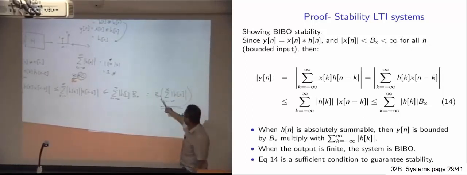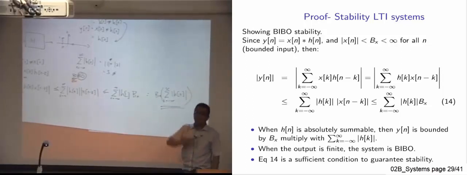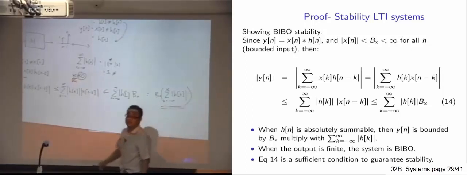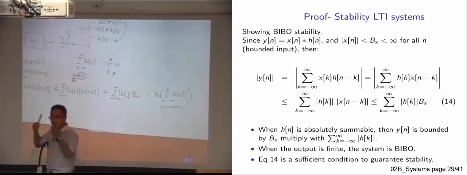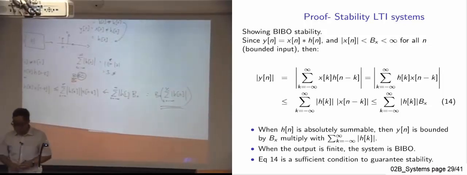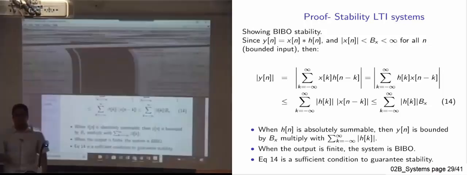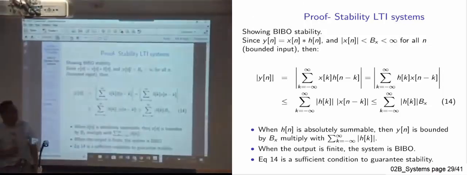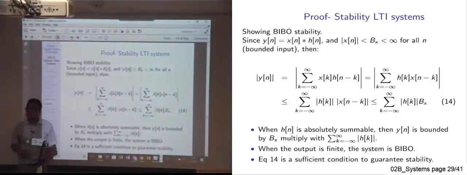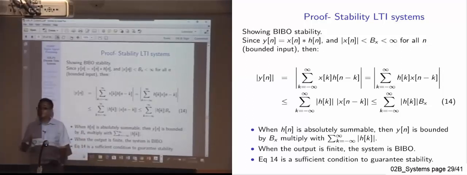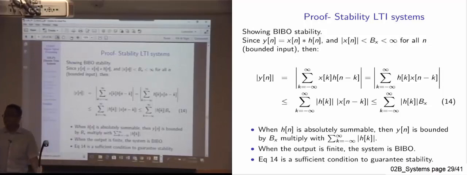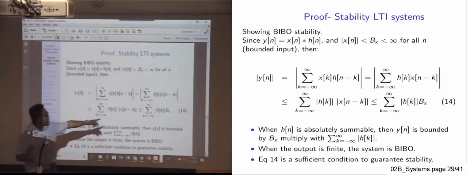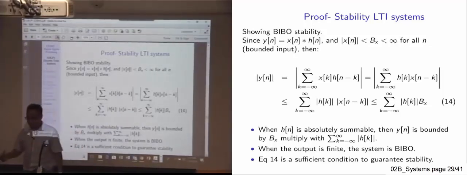Because this is not infinity, therefore my left hand side, which is the absolute value of y[n], is not infinity. Therefore my output is bounded. So there, only 4 equations to see. The last answer is one: it is a sufficient condition. If we check that it is absolutely summable, then the system is stable.